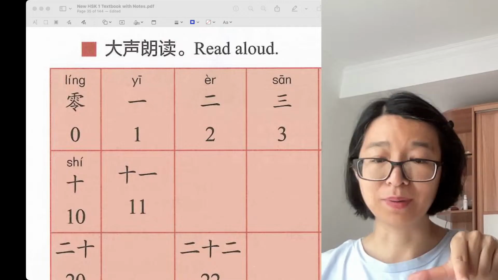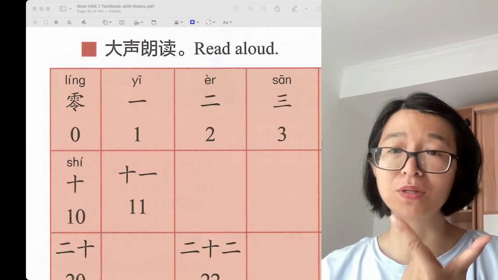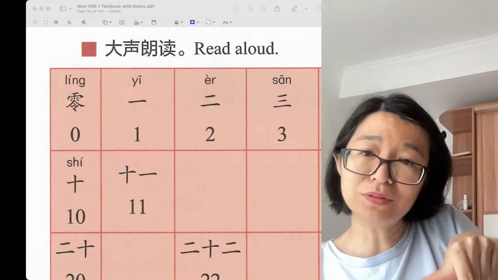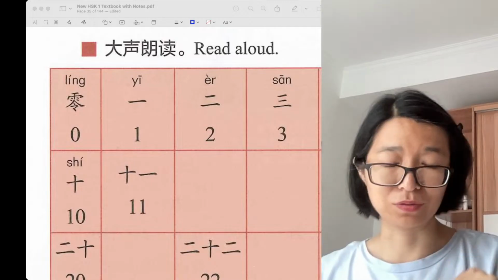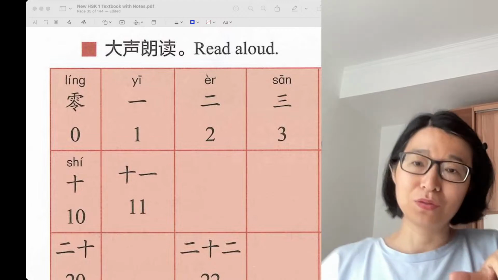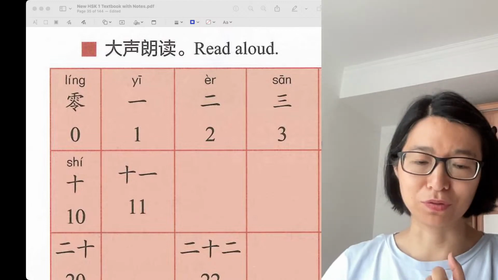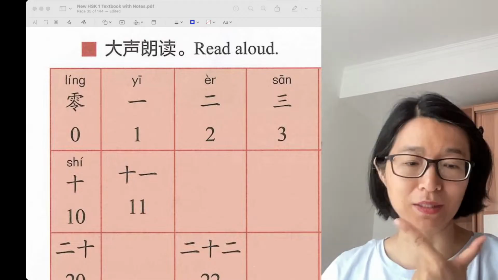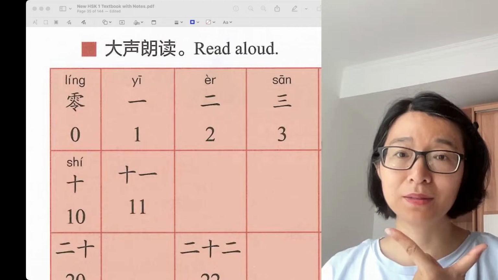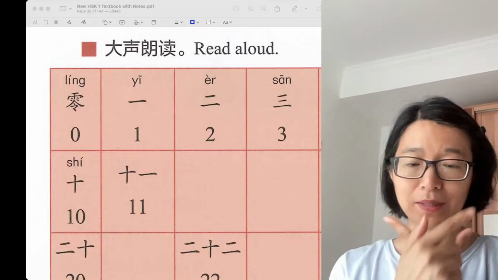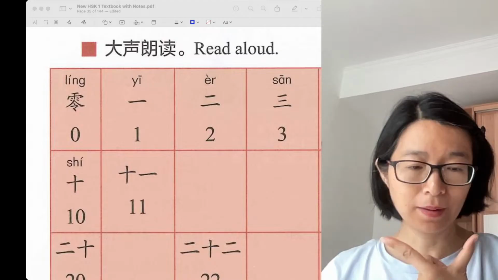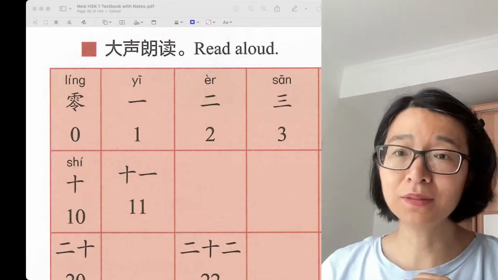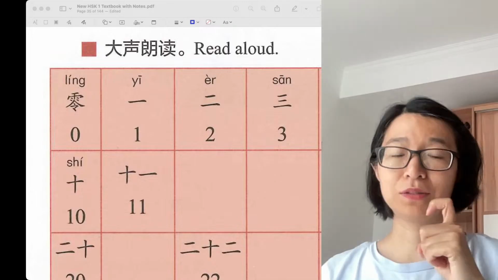Generally you can do it this way, it's more comfortable, but it really looks like number 8. You don't have to do it the uncomfortable way. 八, Chinese character 八. How to say number 9? 九.